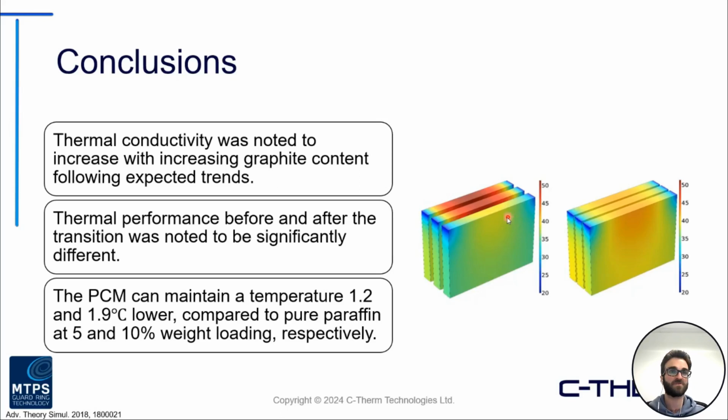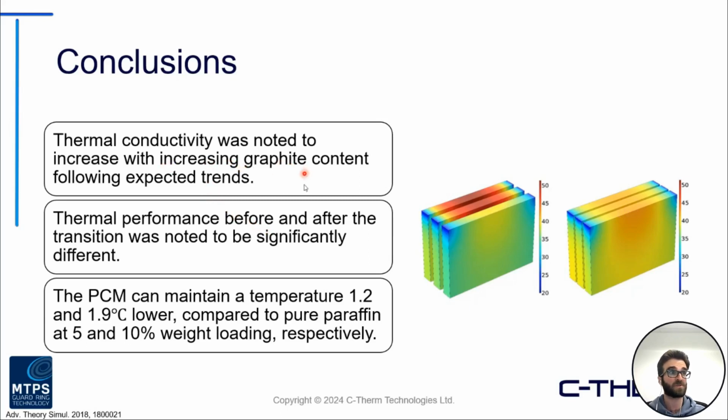So for the conclusions that they draw, they actually use some of the thermal conductivity input to do some simulation studies. We'll see that quite often with groups that we work with as well. The thermal conductivity is really being used to help understand how much heat is going to build up based on the different properties. So, the high level summary is the thermal conductivity did increase with increasing graphite content.